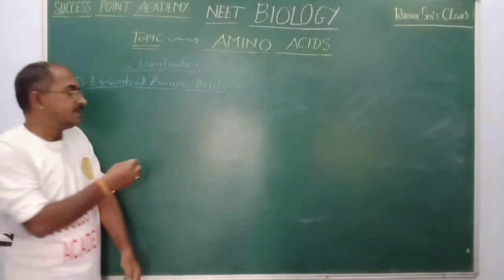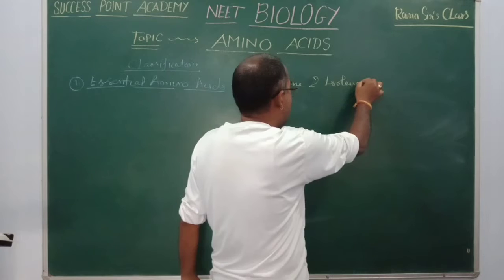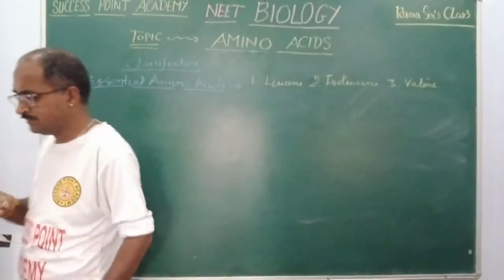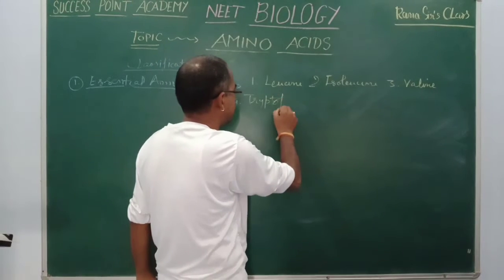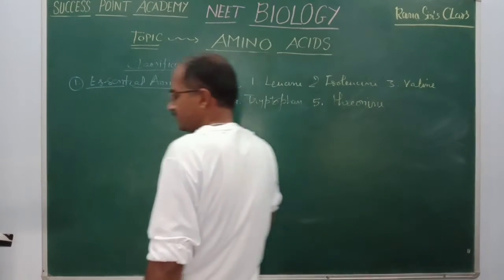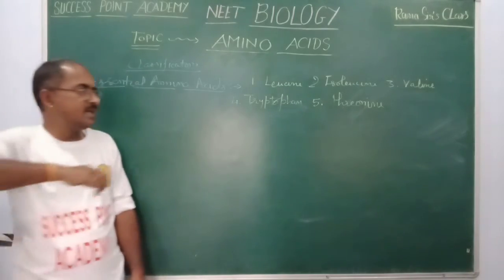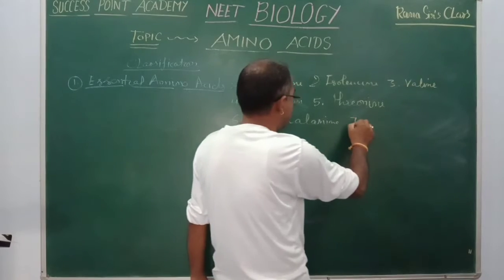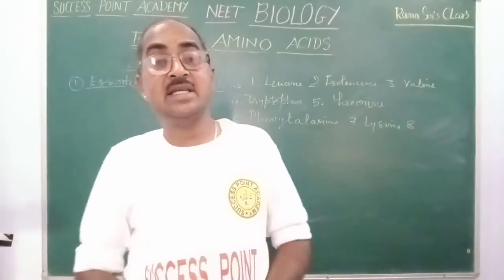And they are: number 1, leucine; number 2, isoleucine; number 3, valine; number 4, tryptophan; number 5, threonine; then phenylalanine, lysine, and the last one, because only 8 amino acids are in the essential category, methionine.